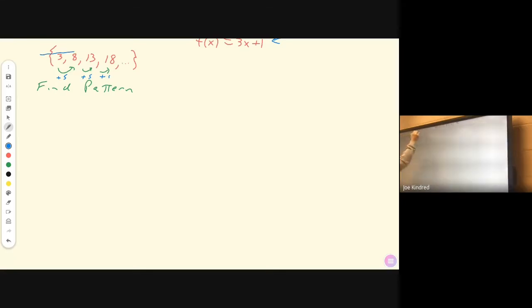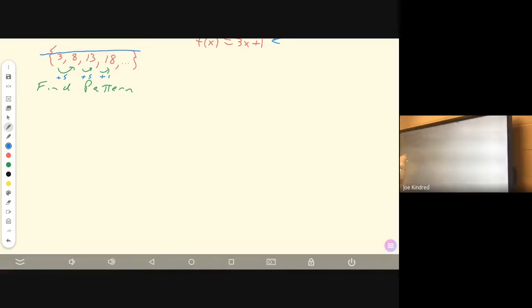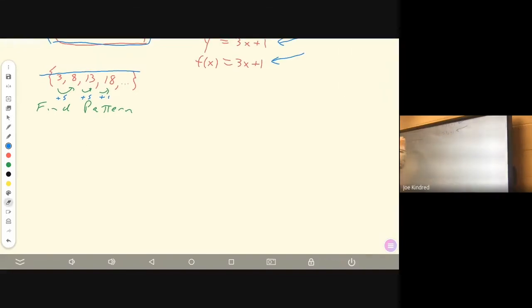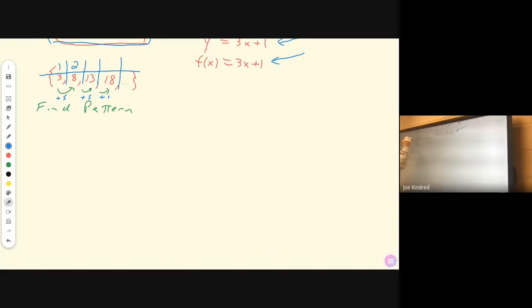So this right here, again, if we say, well, we want to do a table because that's the first term, second term, third, and fourth. What's the 0 term? Well, the 0 term, if we're adding 5, we're going to subtract 5. And so that means 3 minus 5 is a negative 2. So we have our 0 term, which is equal to a negative 2.